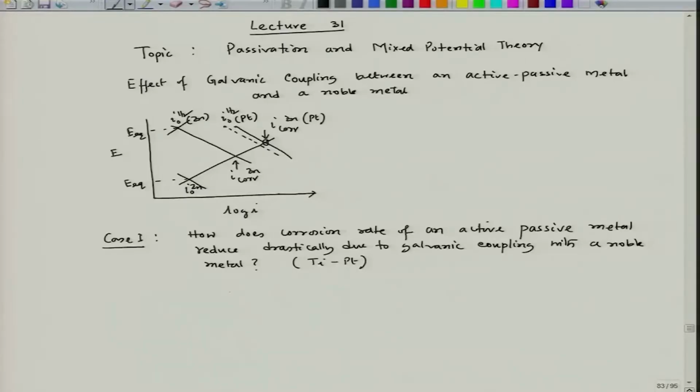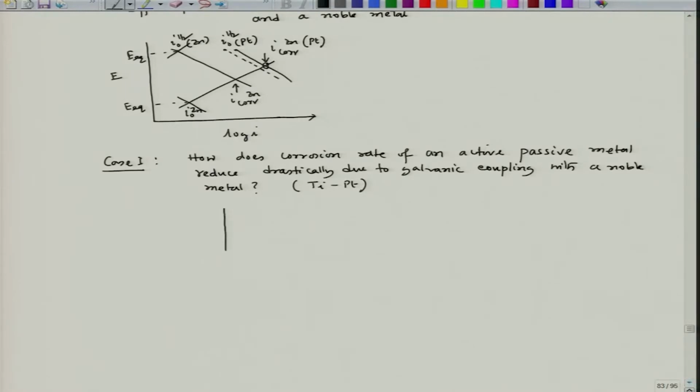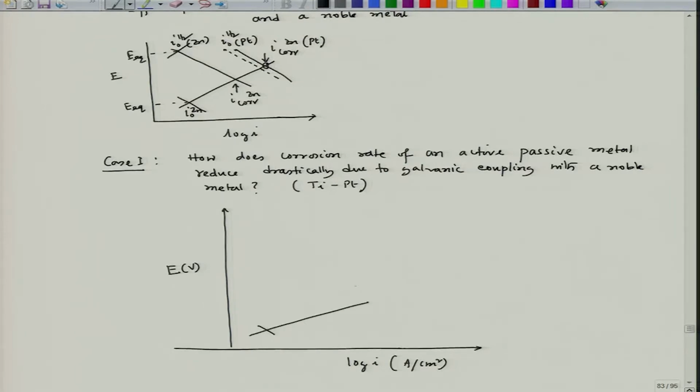Now, this typical plot for titanium metal, if I try to plot its E versus log I, this is volt, let us say this is ampere per centimeter square, I am just putting some unit. Now, the plot for titanium is typically like this.